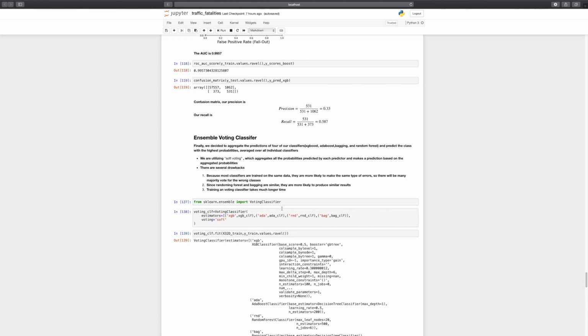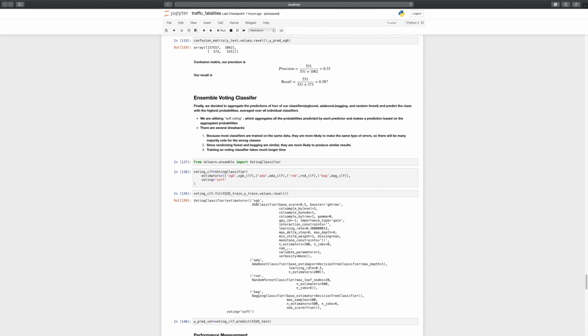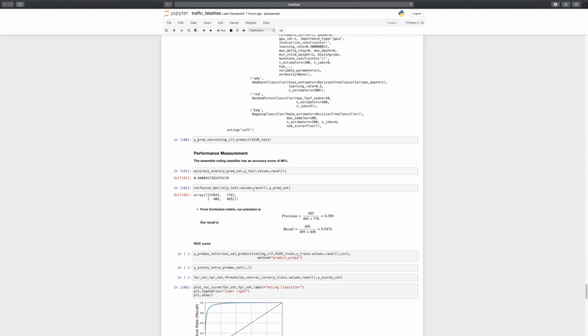We are basically using boosting and bagging, with random forest and the bagging classifier. And also, because most classifiers are trained on the same data set, they are most likely to make the same type of error. So even though we are trying to aggregate their results, because their individual results are similar to each other, the aggregated result will still be similar. Let's see our outcomes.